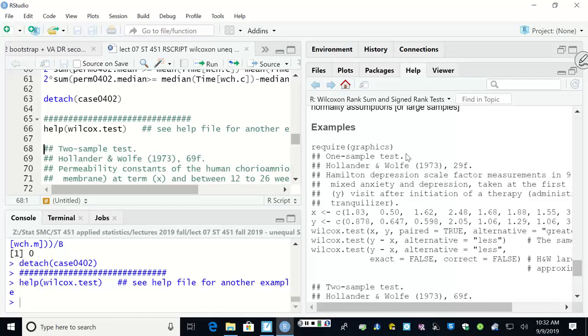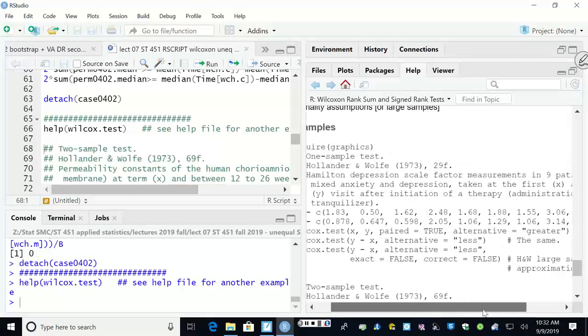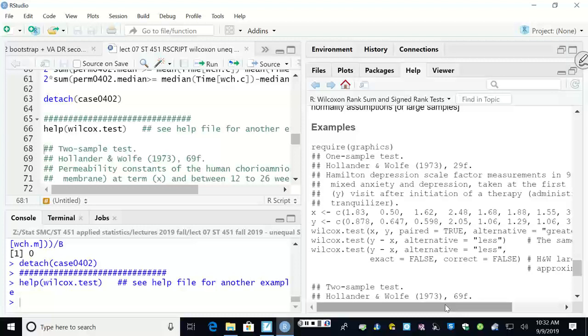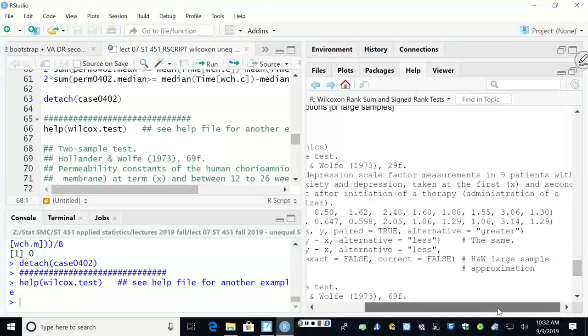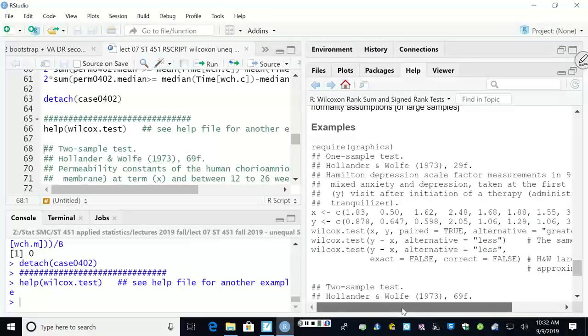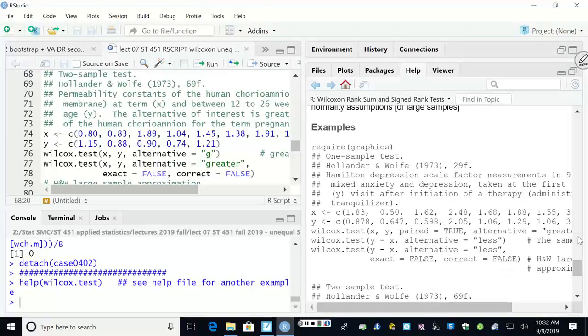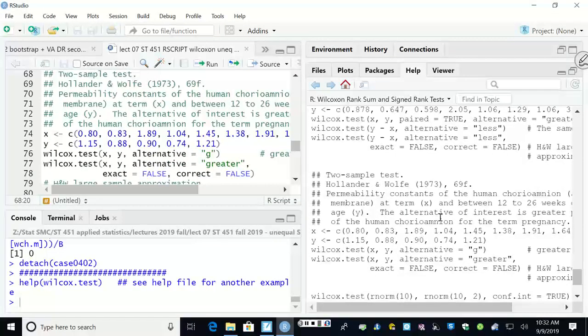And they have one example, Hamilton depression scale factor measurements in 9 patients with mixed anxiety and depression, taken at the first and second visit after initiation of therapy administration. Oh, that one is paired. Which one did I do? That's a paired test. Oh, here, I did this 2 sample test. So, sorry about that. That's not the one we're doing.